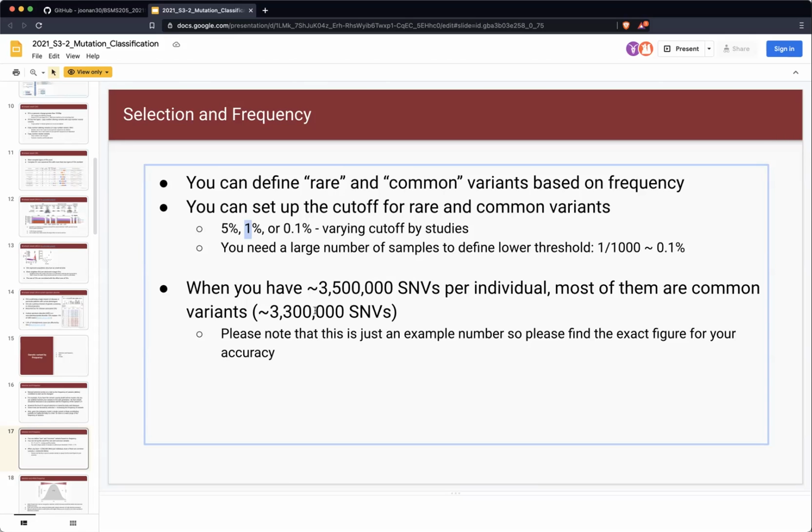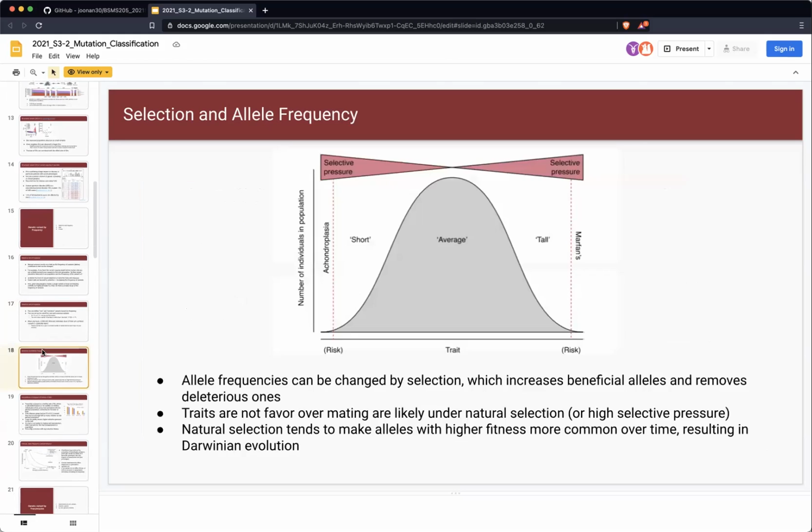And these numbers also vary by study because we have varying cutoffs. But you can instinctively think that common variants probably constitute most of the variants in individuals, right?